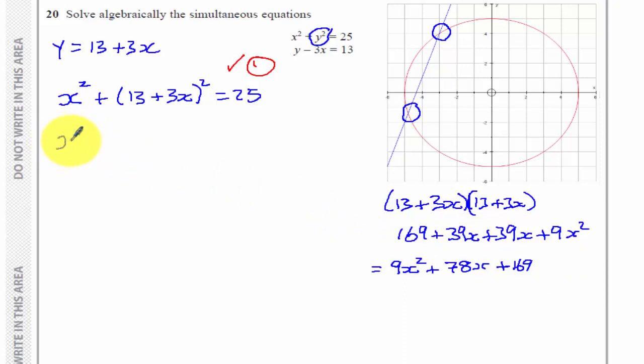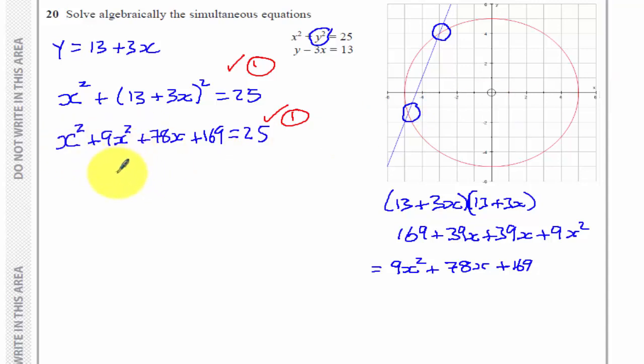So now I've got x squared plus 9x squared plus 78x plus 169 equals 25. And I have my second mark. So I've got to try and solve this now.